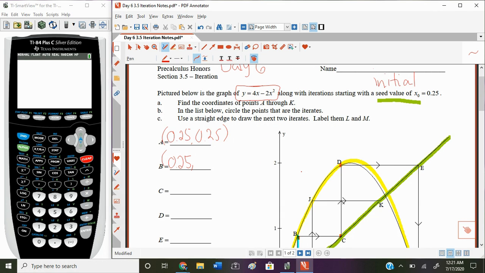We can do this a couple different ways. I'll show you a few different ways on the calculator. The easy way is just type in 4 times 0.25 minus 2 times 0.25 squared. Now we got 0.875.